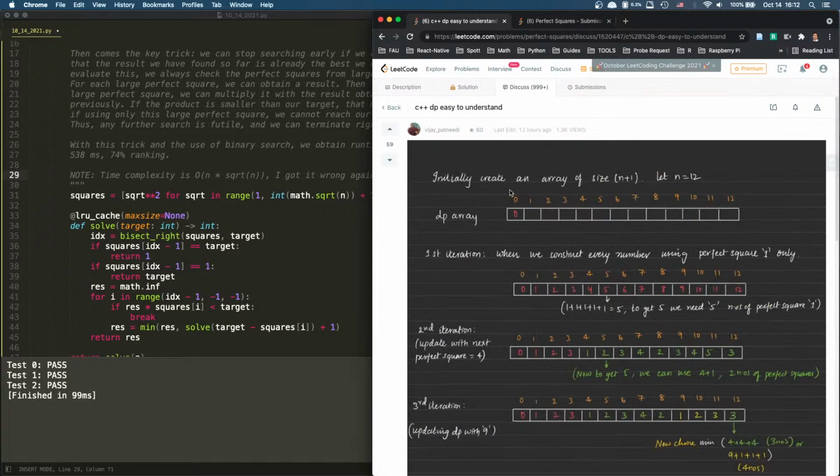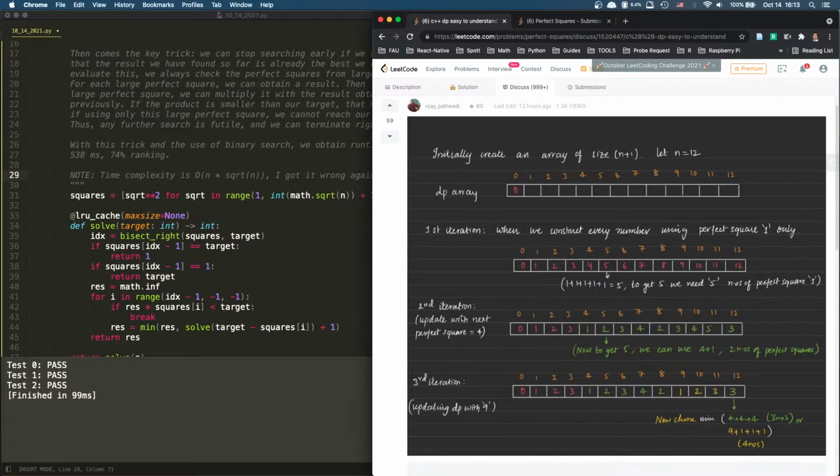All right, let's take a look. Array of size n plus 1. Okay. First iteration, we construct every number using perfect square 1 only. Second, we put 4. Next perfect square.